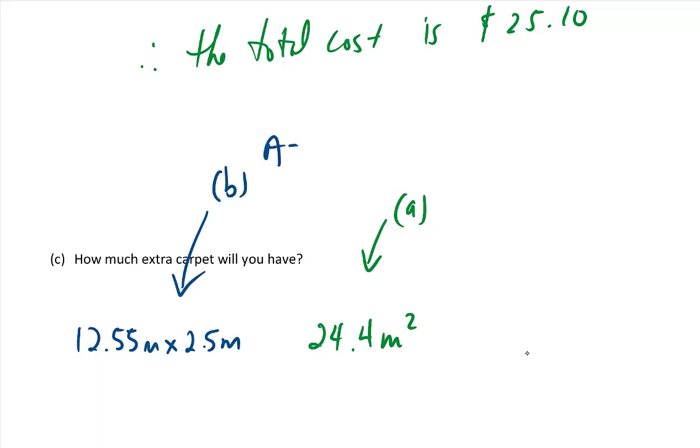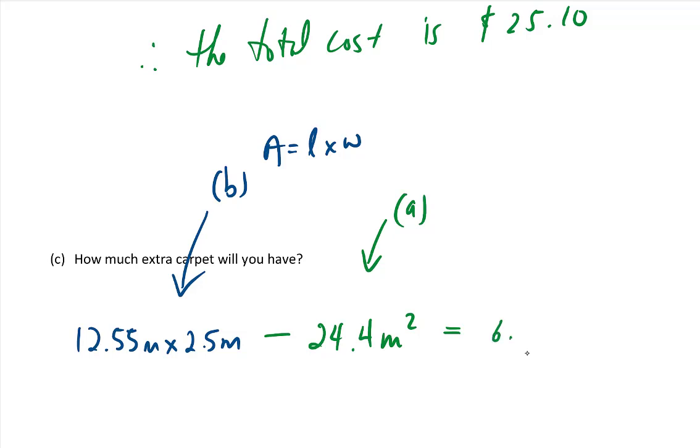Remember, area equals length times width. We bought 12.55 meters of length, but it had a width of 2.5 meters. And all you're going to do is subtract these numbers to see how much extra or how much waste you have. So 12.55 times 2.5 minus 24.4.